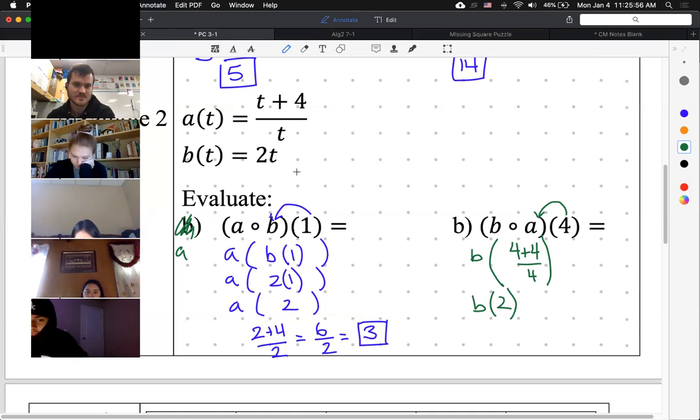Hold on. I thought I knew, but okay, so our function B is this one. Would it just equal 2t again? But what would the t be? Yeah, what is the t? The t is whatever the input is. Oh, T is the input, so it's 2 times 2. Oh, okay. We get 4. Nice.